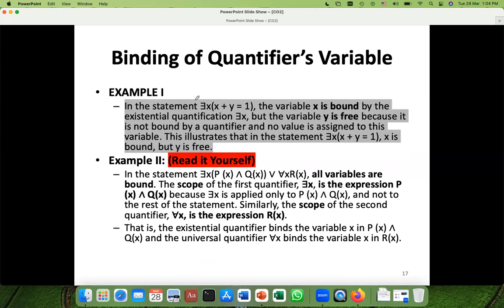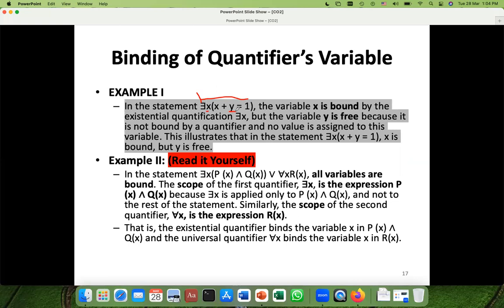Now, this is an example. If we have the statement, there exists x, x plus y is equal to 1, then this existential quantifier is with variable x. So in this propositional function, we have two variables, x and y, but x is bound, and as we don't have any quantifier with y, y is not bound.